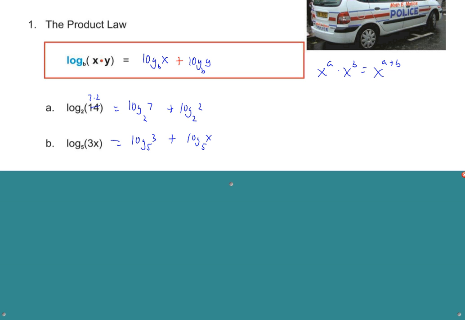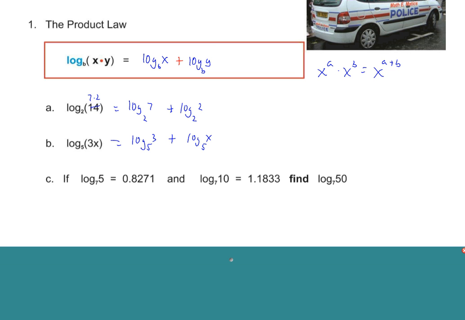And we're rapidly getting to the point where we can get this value right here. I mean, that's just a number. And again, if you're thinking logarithms, that's 5 to what power equals 3? So something a little less than 1. But we're able to split it up. Again, we're just doing stuff right now to get us used to the law.